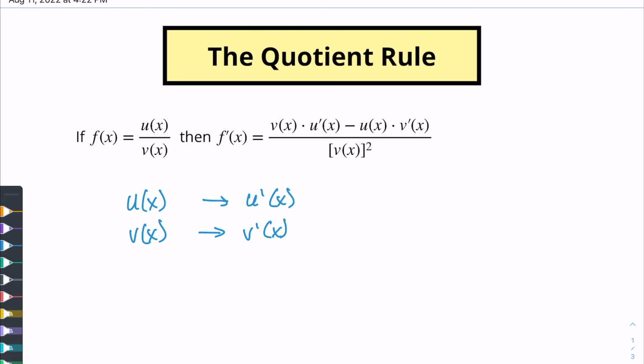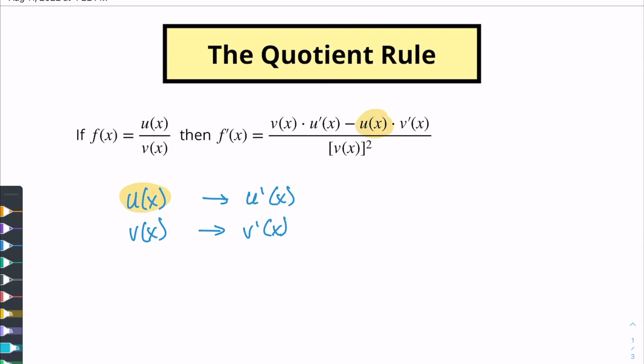So, color coding like I like to do, our u of x is our original, and we can see that we have our original u of x right here after the subtraction sign. The derivative of u of x is here right before the subtraction sign. The original v of x is here in the first part, and down here squared. Please note that that thing is squared. And then up here and here is our v prime, the derivative of v of x.